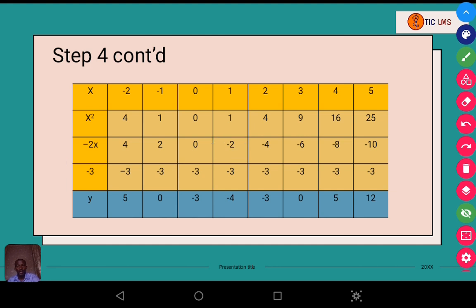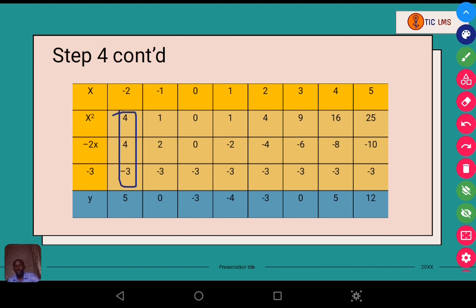So that is how you fill the third row. For the fourth row, the -3 is going to be written all across the row. Nothing will change.